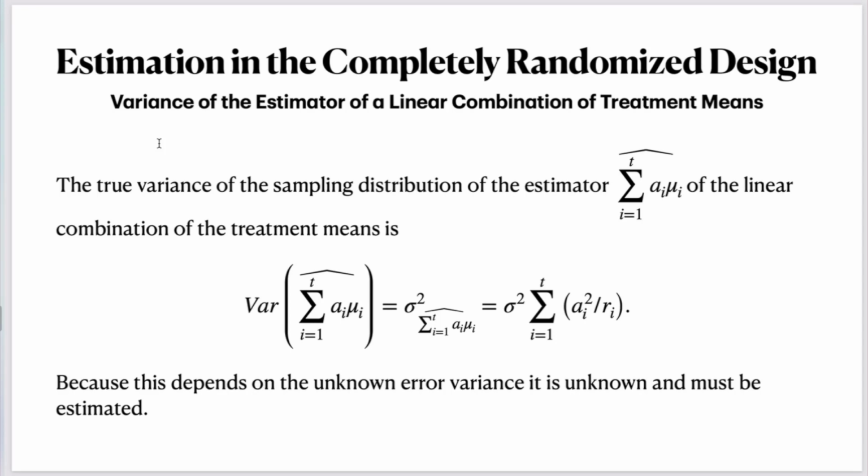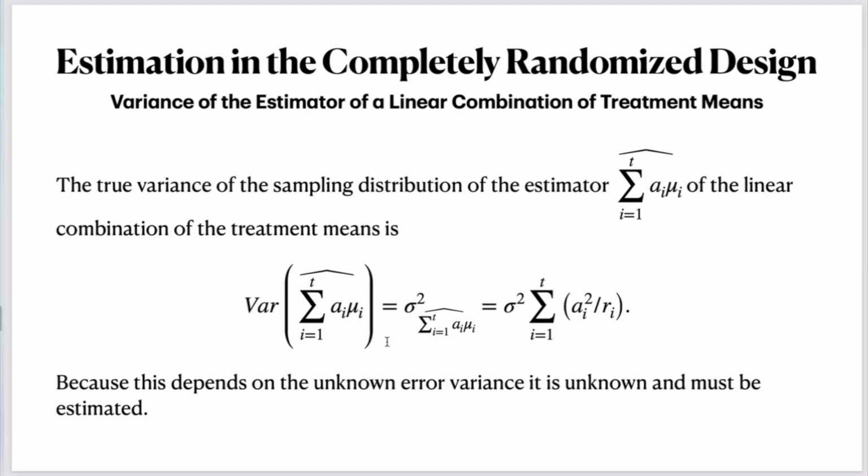It can be shown that the true variance of the sampling distribution of this estimator of the linear combination is given by this expression here. Notice the notation: I have the variance of the estimator of the linear combination.